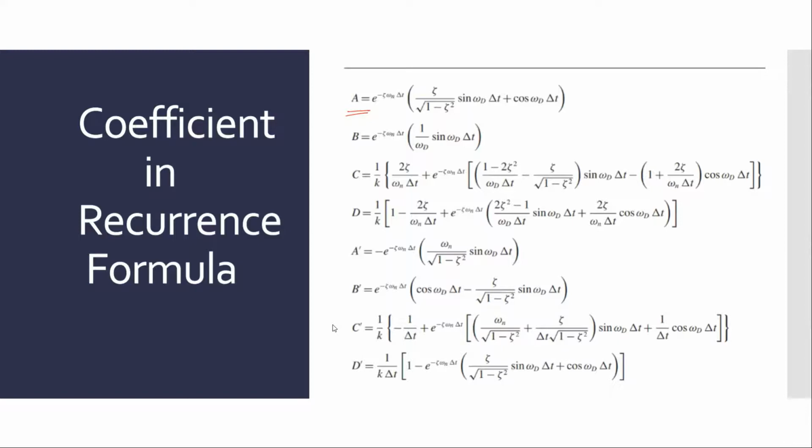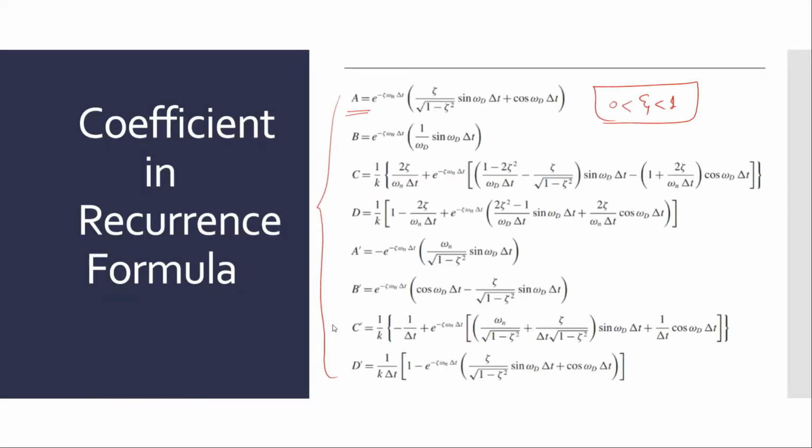So these are the values a, b, c, d, a prime, b prime, c prime and d prime when we solve for the earthquake ground acceleration. And for the case when xi lies between 0 and 1, this formula is valid. So we can apply these numerical techniques and solve it.